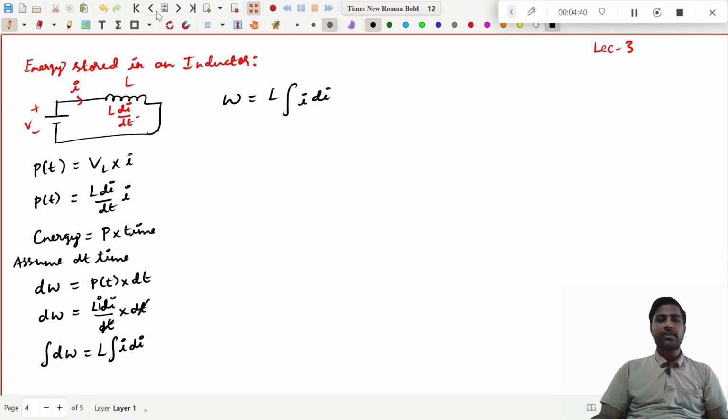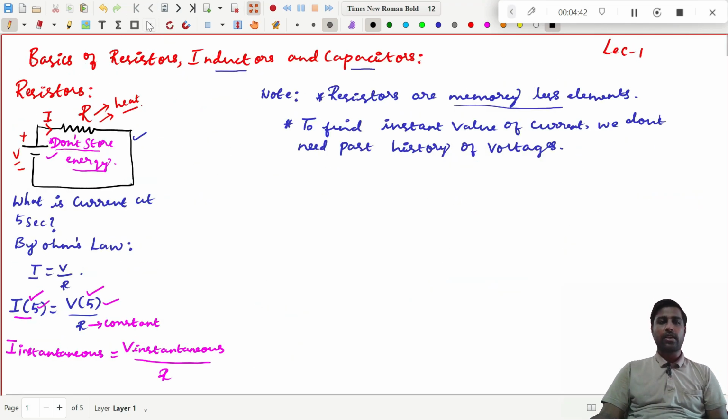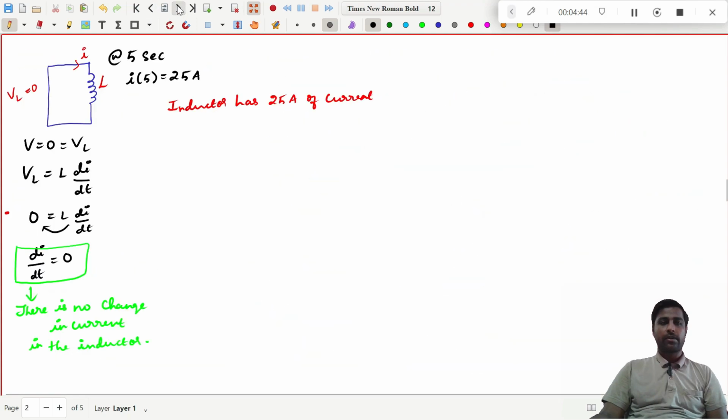We have seen here that the inductor is storing current. It always receives current from the voltage source. And also we have seen that if you short circuit the inductor at a particular time, the current will be stored in the inductor, right?